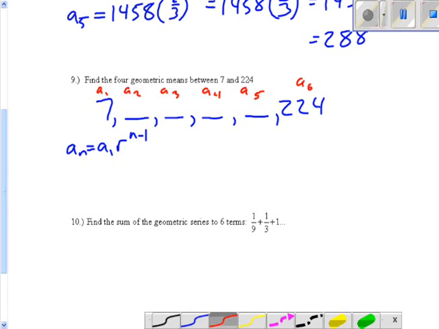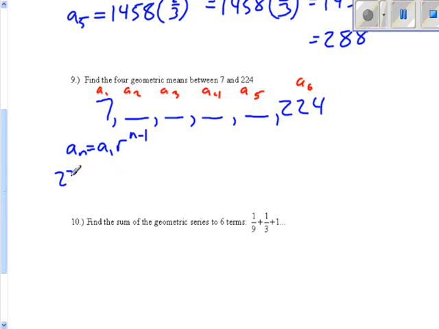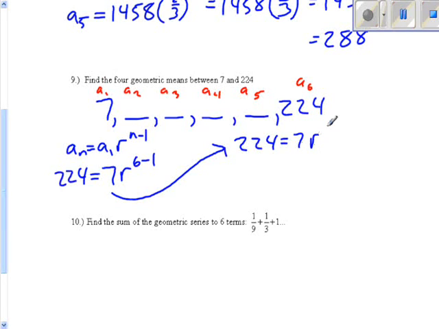I'm going to use the 224 for a sub n, so 224 equals a sub 1 is 7, then r to the, I'm going to use 6 for my n value because of the 224. So now if I rewrite this, that's 224 equals 7 times r to the 5th. So now we have to divide each side by 7. So 224 divided by 7 is going to leave us with 32.